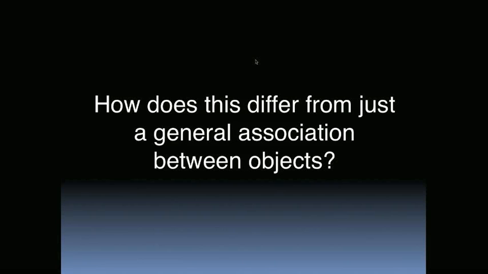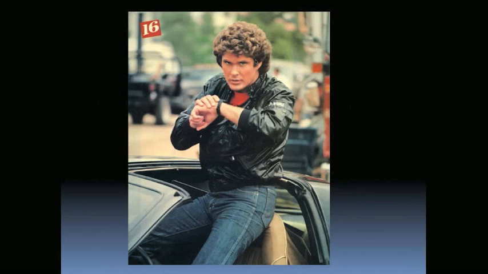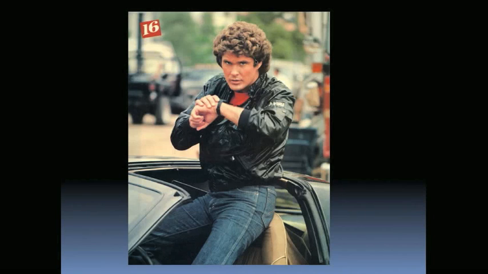Remember that association is a general concept between objects. So let's say, for example, I have the Michael Knight object. And I have the KIT, the Knight Industries 2000 object. Well, Michael Knight is not KIT, and KIT is not Michael Knight. You can't say that. There's no inheritance relationship.